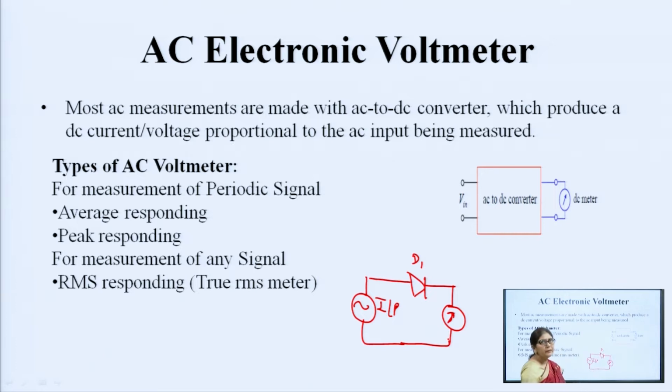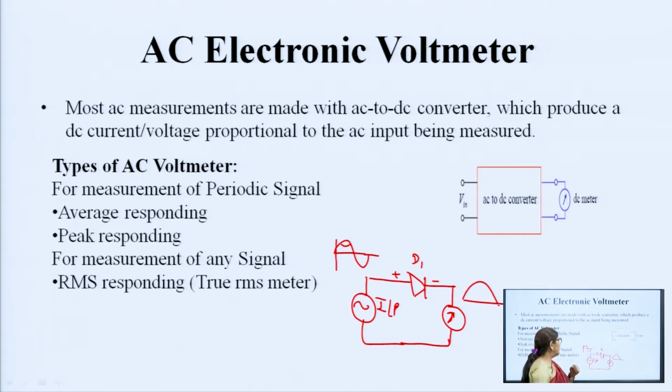So, what will happen? This diode will convert the AC signal into a DC signal, because the diode will conduct only when the anode is positive with respect to the cathode. So, when the positive cycle appears, the diode anode is positive with respect to the cathode, and so the diode will conduct, and so in this meter the positive amplitude will appear.